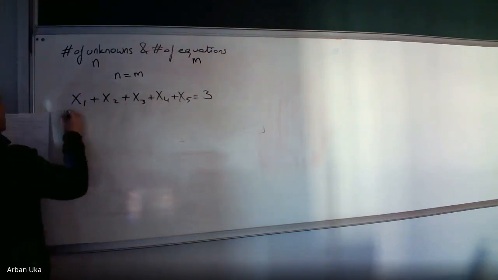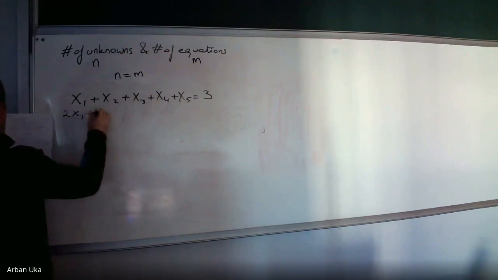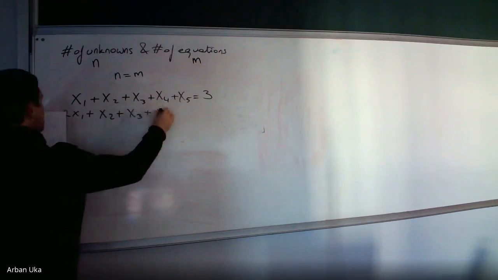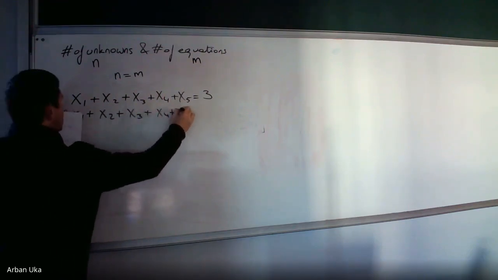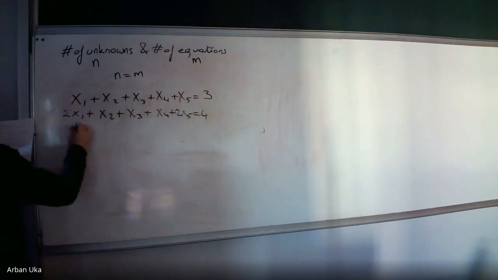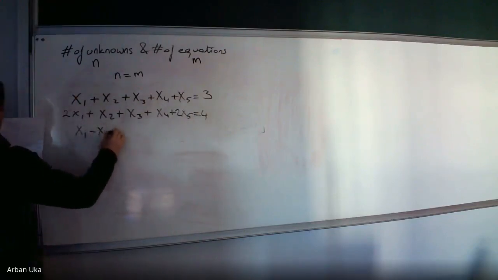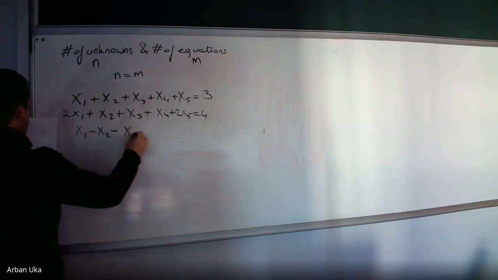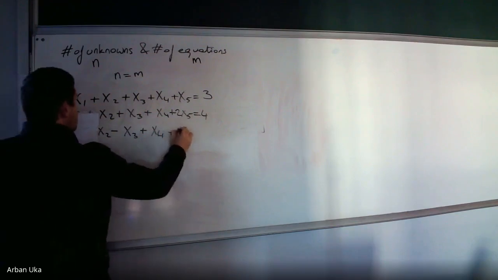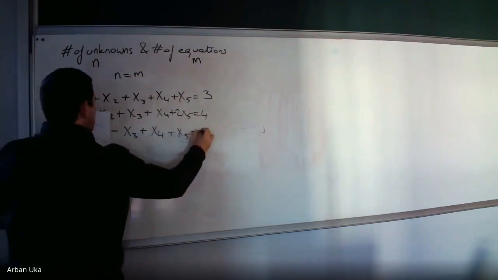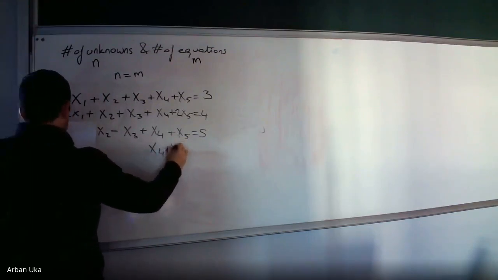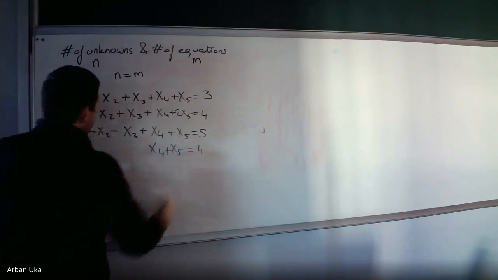Now, then we have 2x1 plus x2 plus x3 plus x4 plus 2x5. This is equal to 4. Then x1 minus x2 minus x3 plus x4 plus x5, this is equal to 5. And we have x4 plus x5, this is equal to 4.